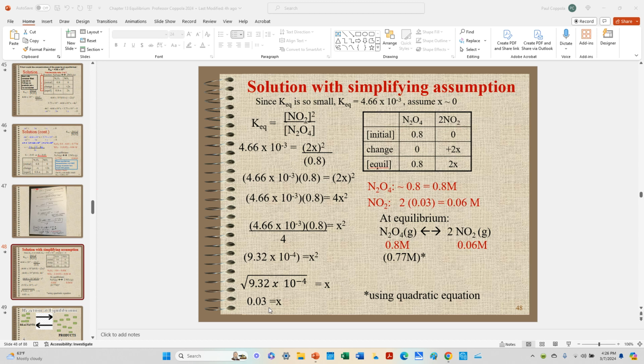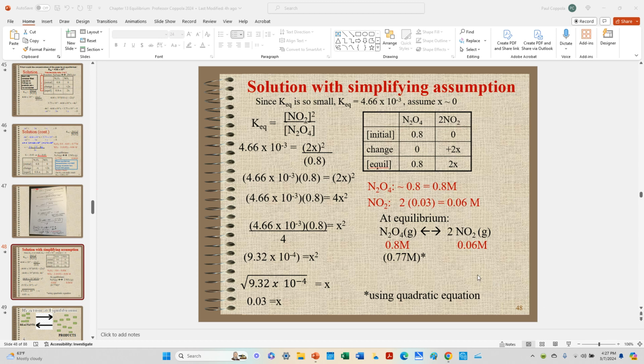Now if x is equal to 0.03, then for NO2 it'll be 2 times x, which is 0.06, will be formed. And we're saying that approximately 0.8 molar, you started out with that and that's what you end up with. So basically you're saying almost none of it was used.